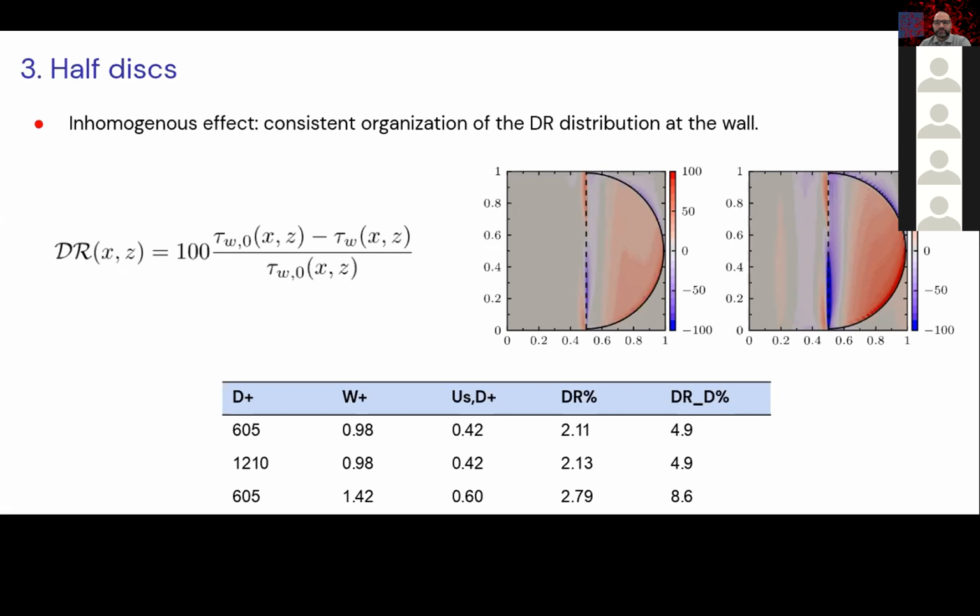Yeah, and I have one last quick question. What's the rationale of doing half disk as opposed to full disk? The rationale is that half disks introduce a slip velocity at the wall.